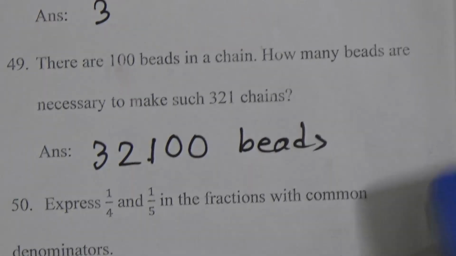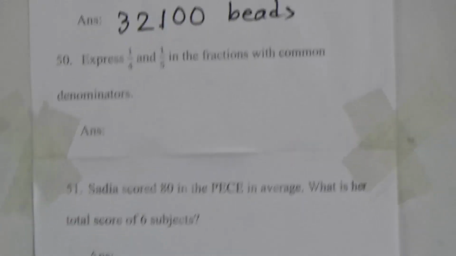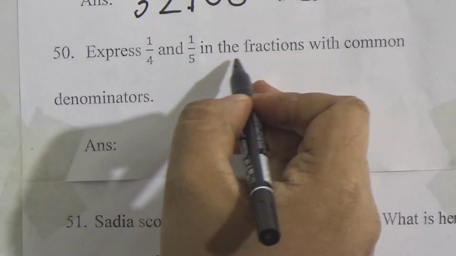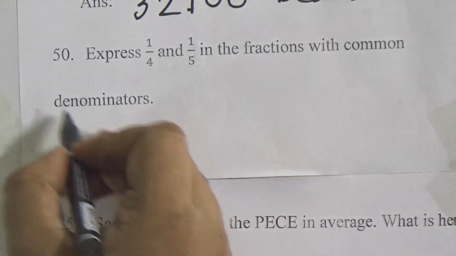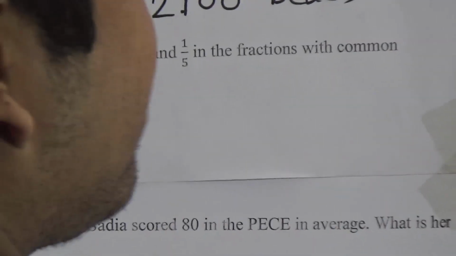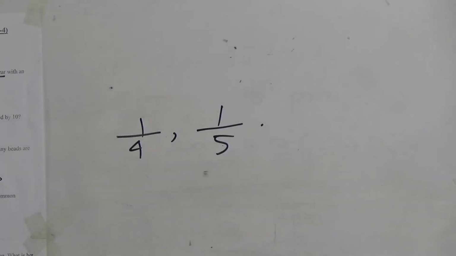Next, dear student, the next question is so easy. We have already learned this in class 4. So notice, express 1 by 4 and 1 by 5 as fractions with common denominators. So first of all we write these two fractions: one is 1 by 4 and another is 1 by 5. In order to convert these two fractions into fractions with common denominator, at first we notice what the denominators are.